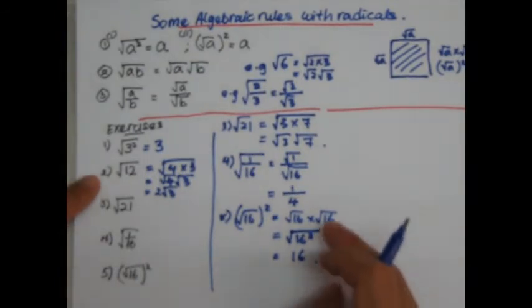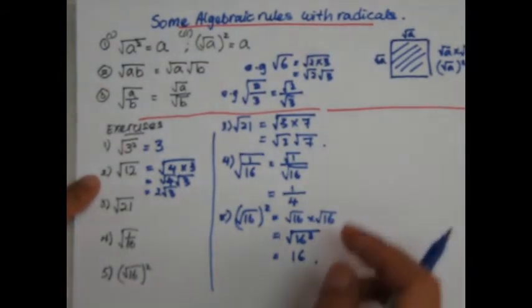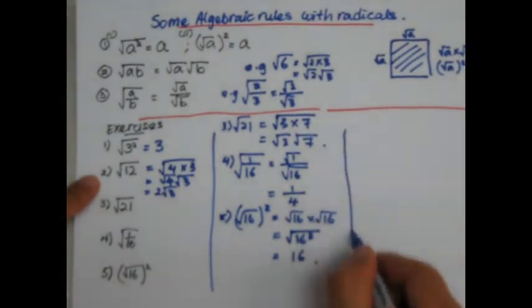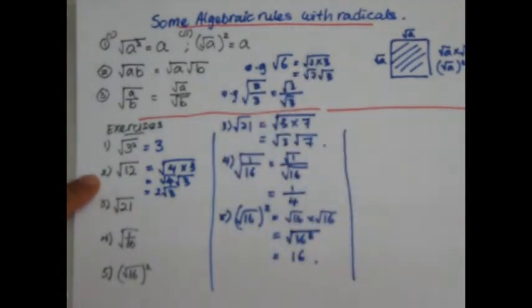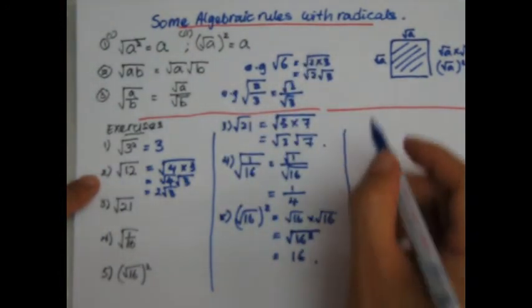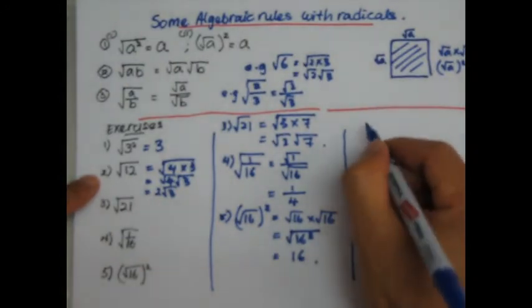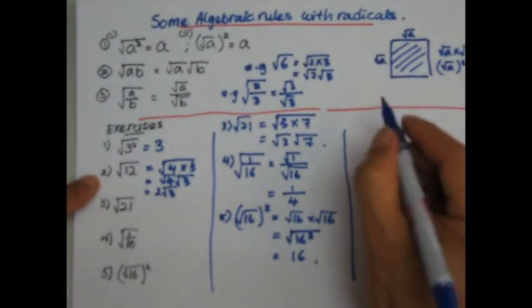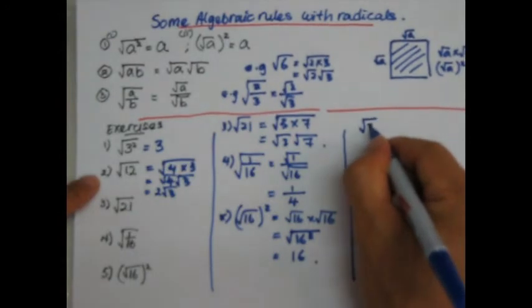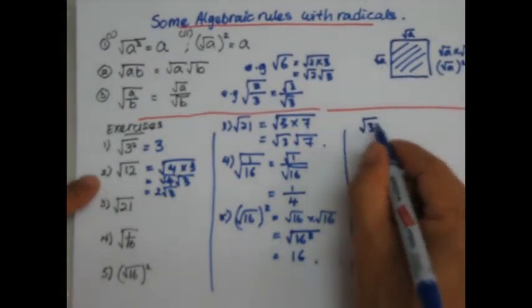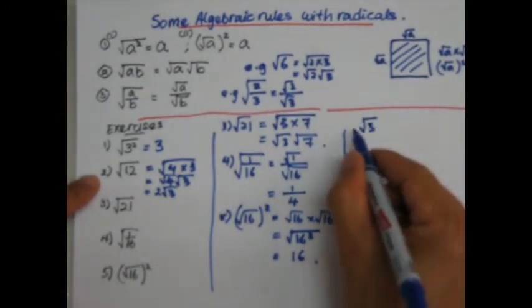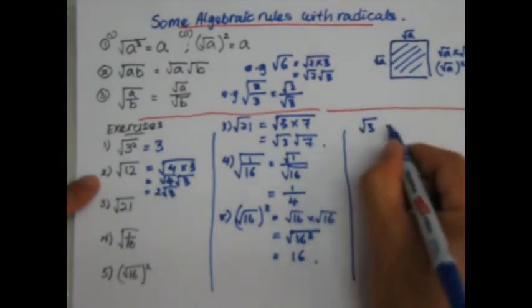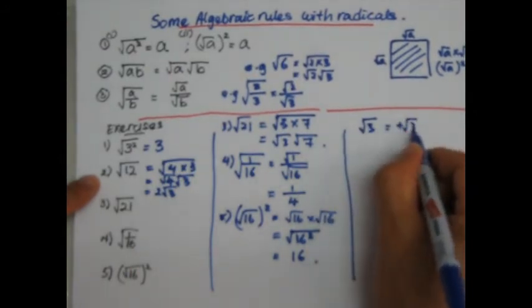Alright, one thing to remember is that with these rules, if you don't write anything in front, the square root of 3 means the positive square root of 3.